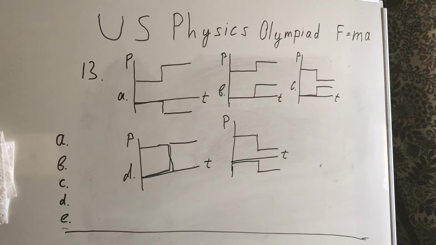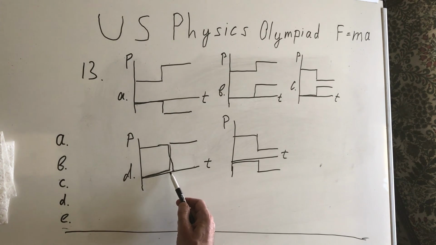So the first particle moves and after collision it stops, and the second particle starts to move with the same momentum as the momentum of the first particle before collision. If we check all graphs, we can see that only on graph D we have this situation.